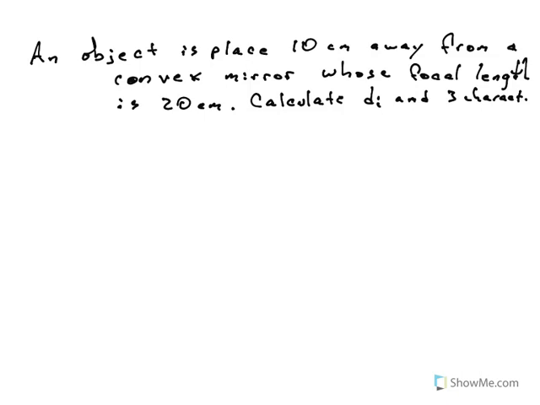All right, so what do we know? Well, DO is 10. F, we're told the focal length is 20, but this is a convex mirror, so it's actually negative 20. And I want to know DI. So let's start with the imaging equation. 1 over F is 1 over DO plus 1 over DI.